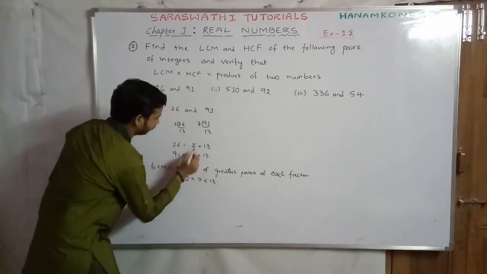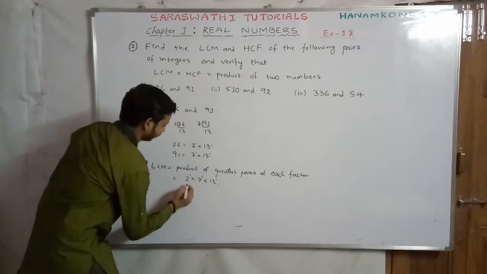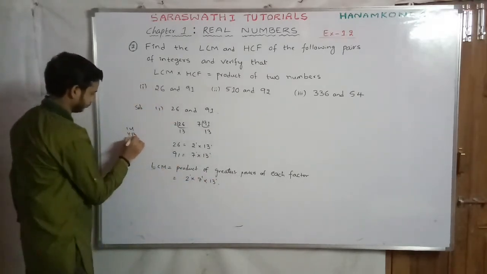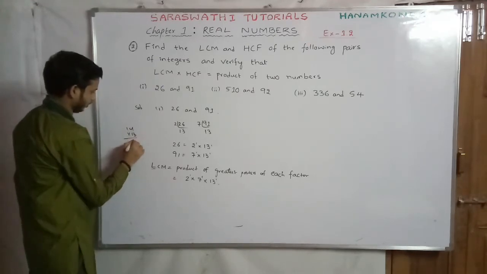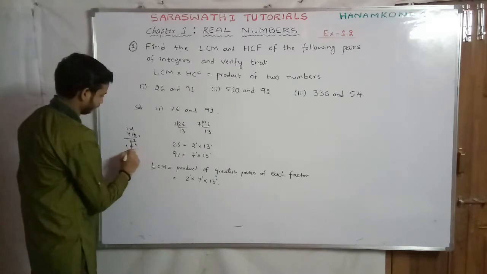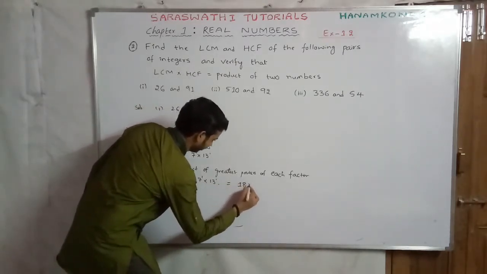The greatest power of 2 is 2 power 1, of 7 is 7 power 1, and of 13 is 13 power 1. 2 sevens are 14, 14 into 13: 3 fours are 12, 3 ones are 3 plus 1, so 182. So the LCM we have obtained is 182.